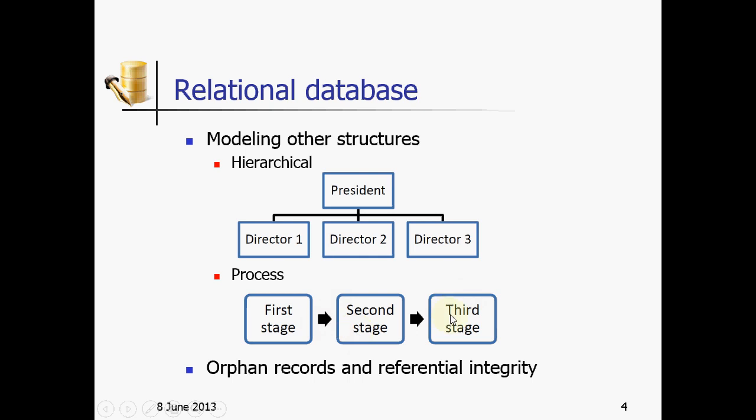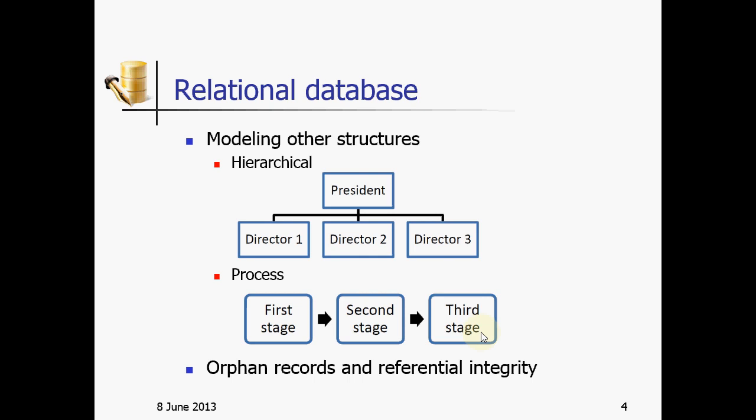Okay. Well, I know that also here many of you are tempted to build a table for first stage, a table for second stage, a table for third stage. All the 3 tables will contain products, and you will move the records from one table to another one. This is silly, moving records from one table to another one to mimic the process.